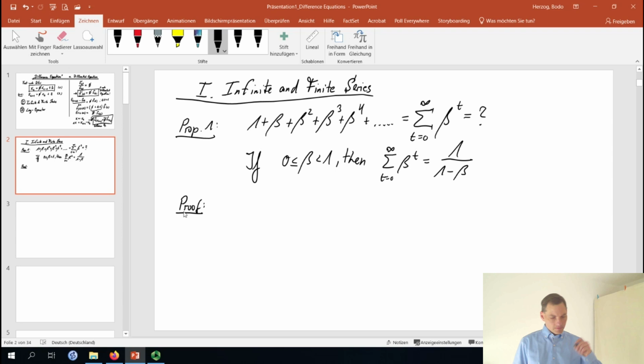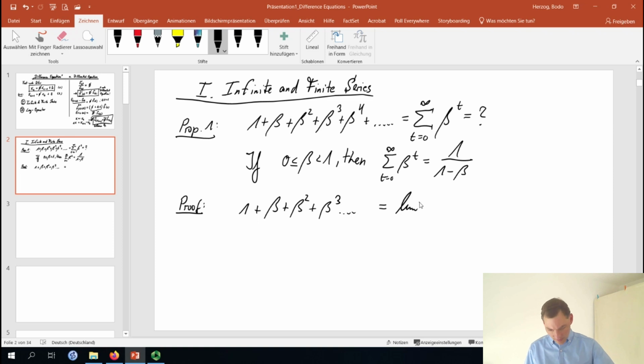It's quite easy. Well, so this is my first series, so let's copy it again. That's the series we have to infinity, and that can be written as the limit n to infinity of the sum from t equals 0 to n of beta to the t.